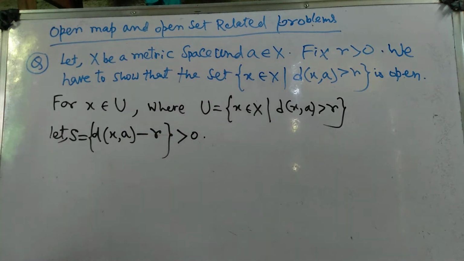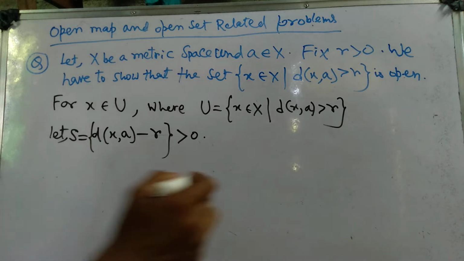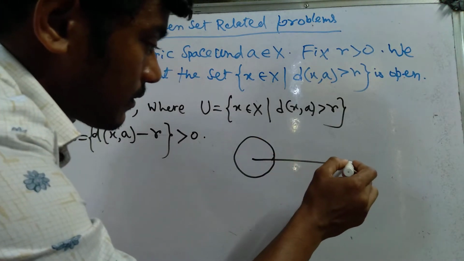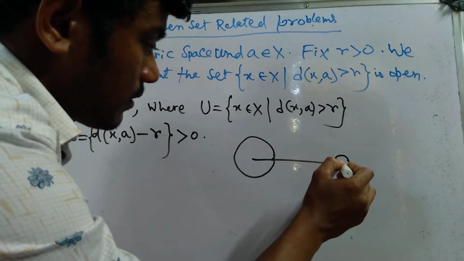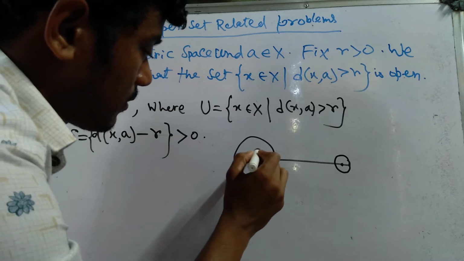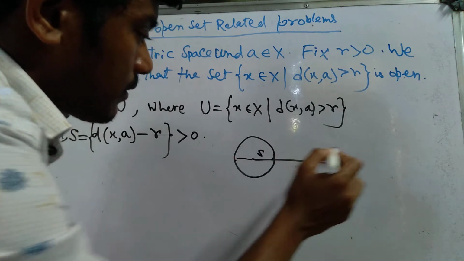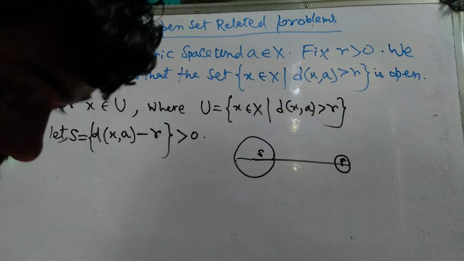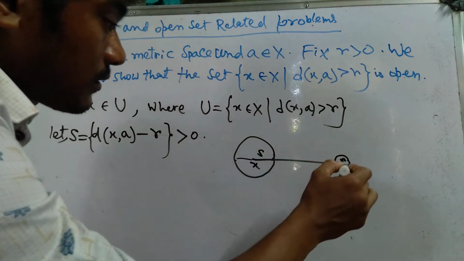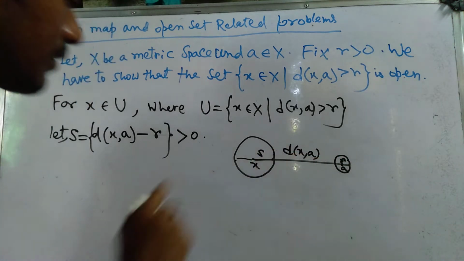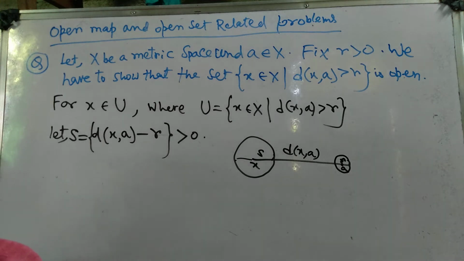Let s be this; then this figure is similar: x, r, and totally from x to a is d(x,a). That means d(x,a) minus r is obviously greater than 0.